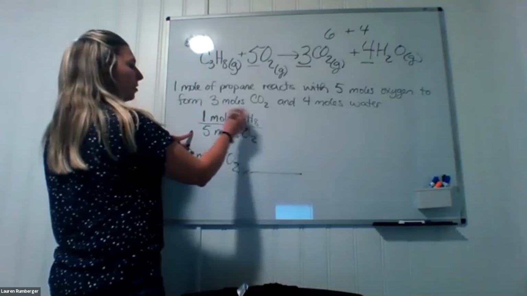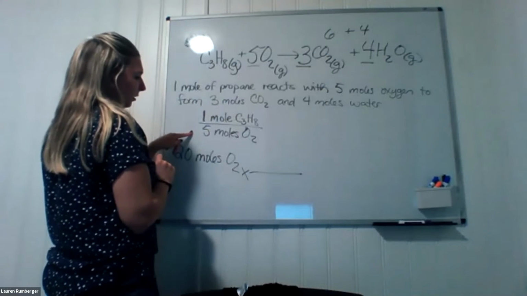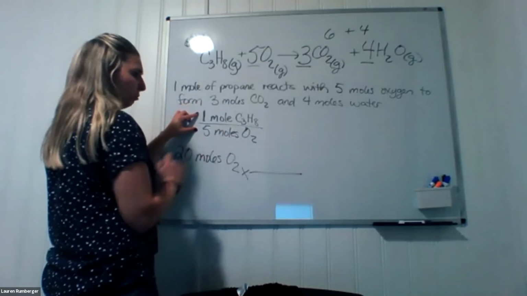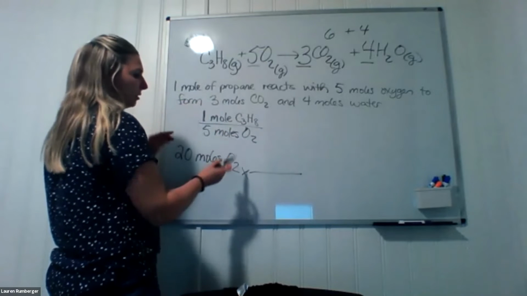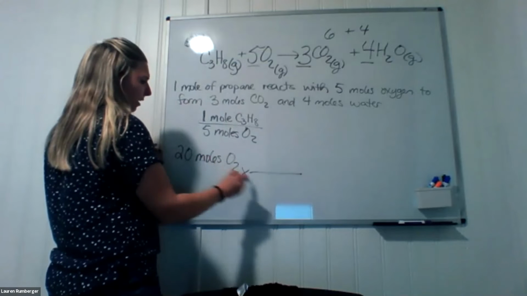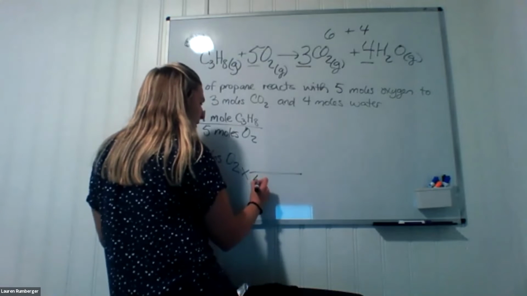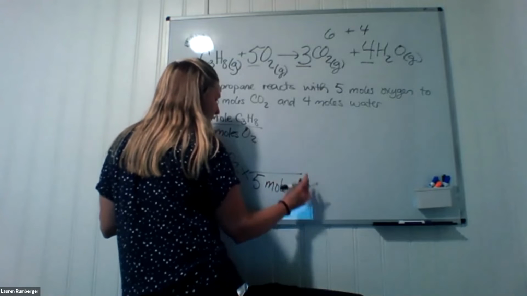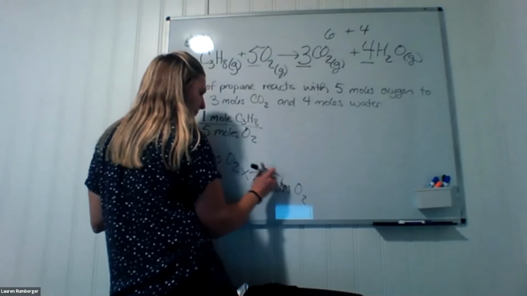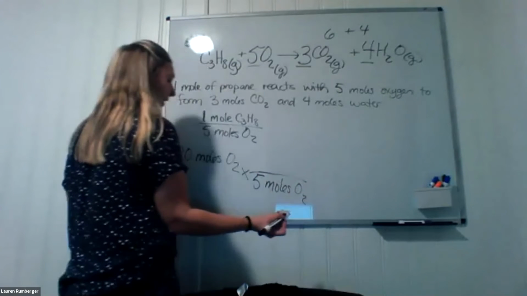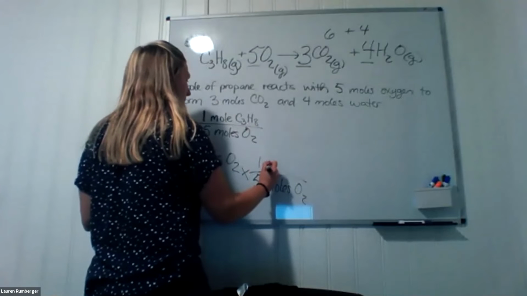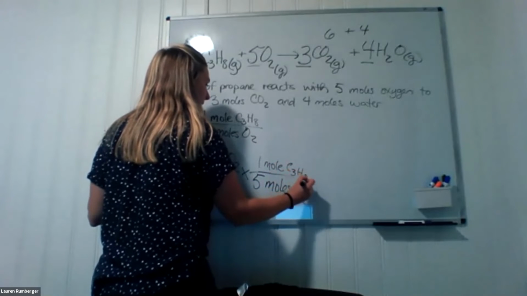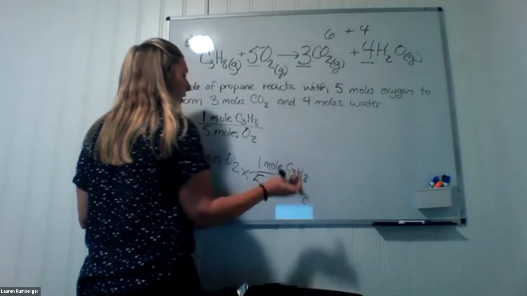Okay. We're going to use this as a conversion factor. We can actually use it as is. The way this is written right now allows us to cancel our moles of oxygen diagonally. So we're going to put 5 moles of oxygen on the bottom, and 1 mole of C3H8 on the top.